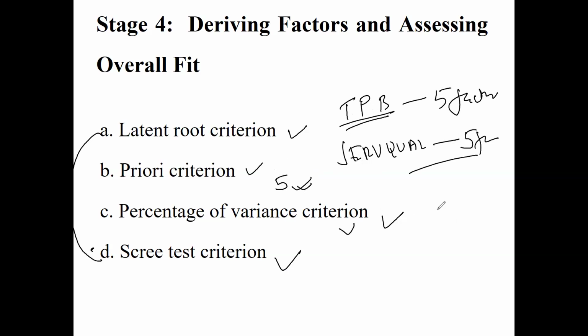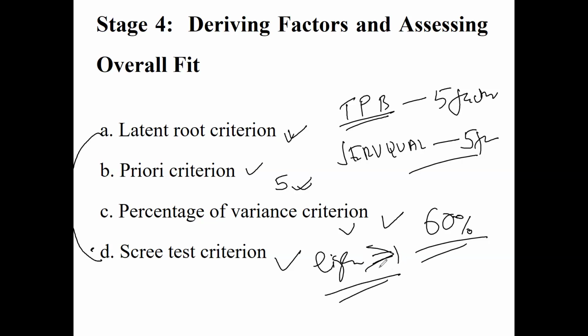Then percentage of variance should be greater than 60%. And scree test criteria or latent root means eigenvalue. Eigenvalue should be greater than 1. So these are the criteria for selecting the number of factors.